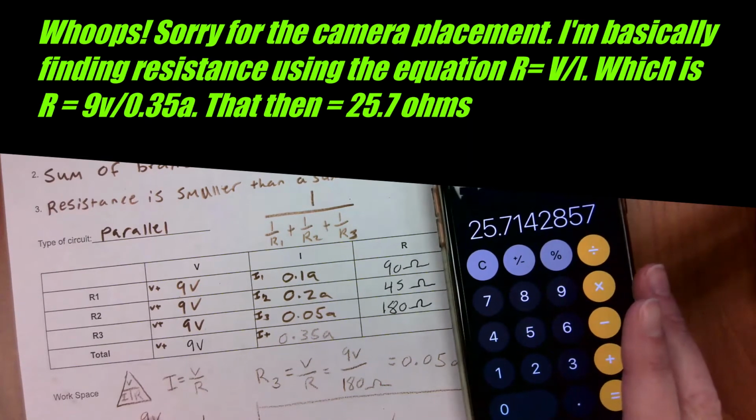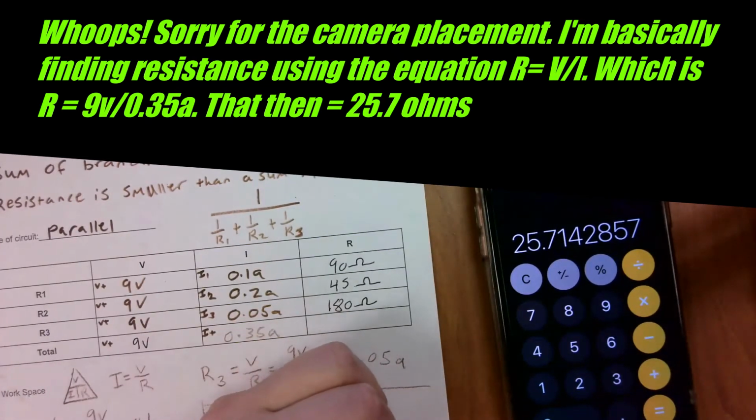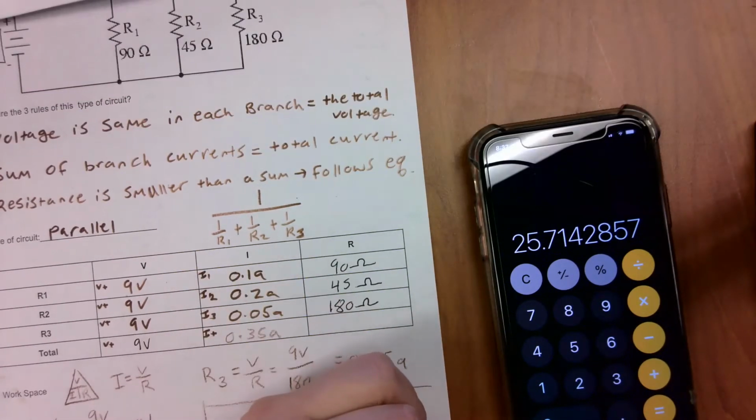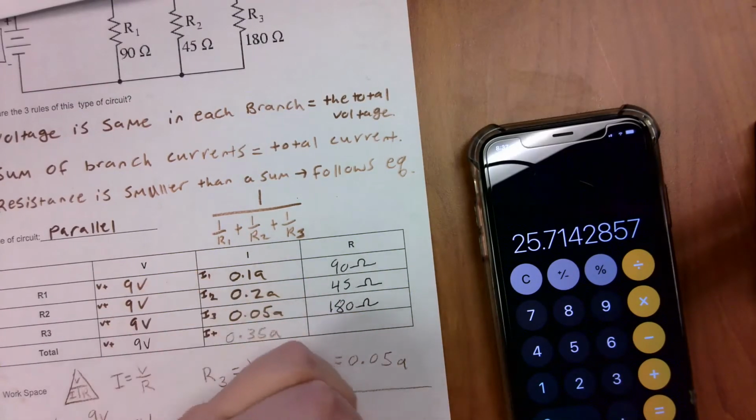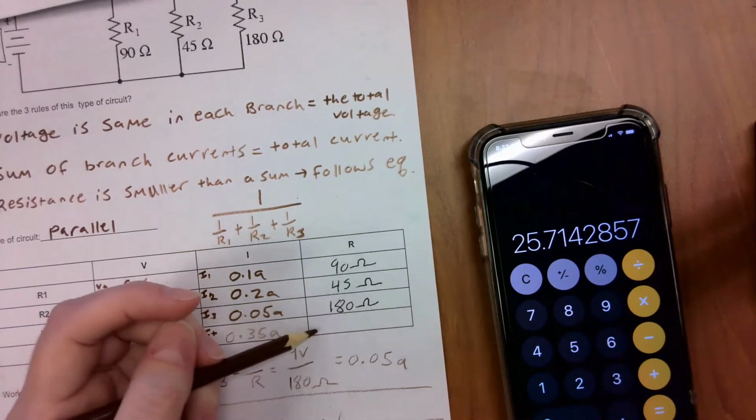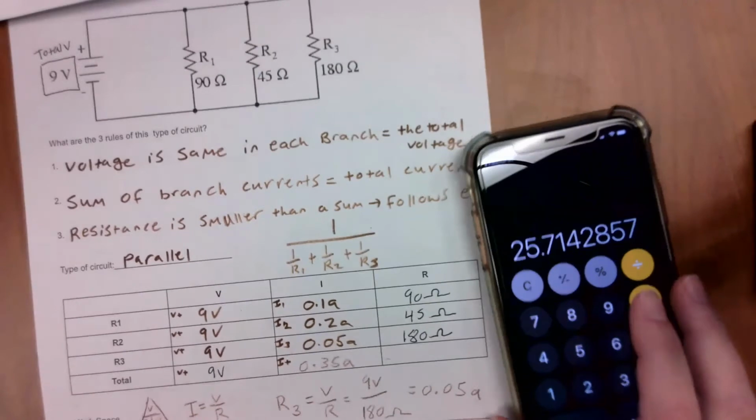And that gets us 25.7, and that's in ohms. So that's what would go in here in your total resistance.